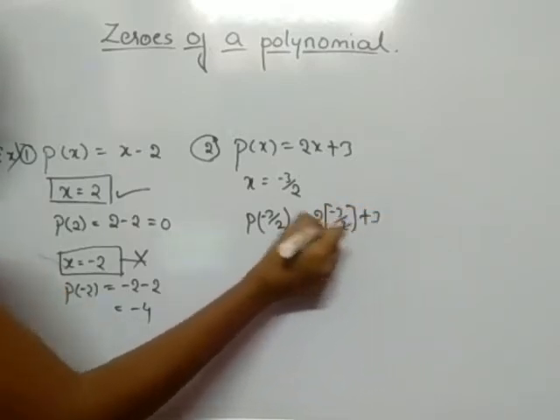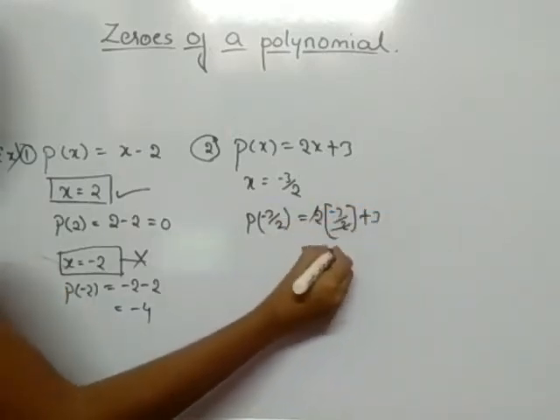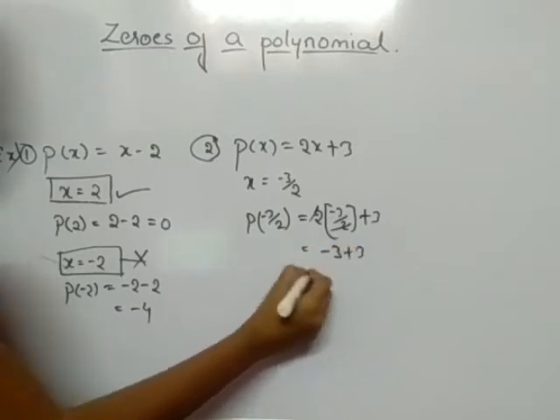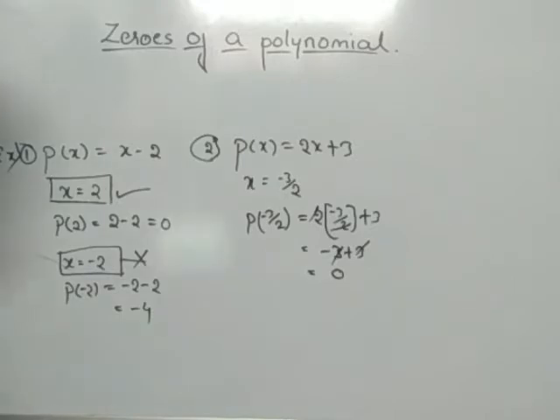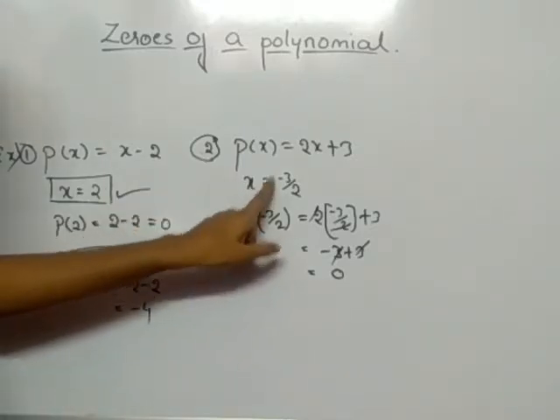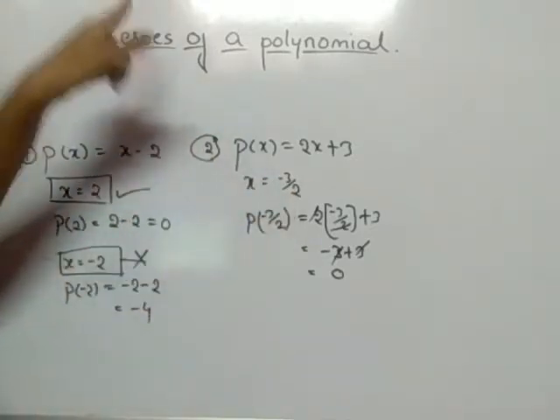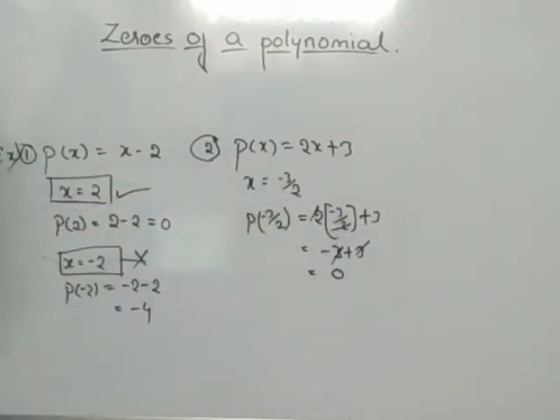Isn't it? So the 2 cancels. Remaining is minus 3 plus 3. So again plus 3 minus 3 cancels. Remaining is 0, isn't it? So now x equals minus 3 by 2 is the 0 of this polynomial. Okay. This is what zeros of a polynomial says.